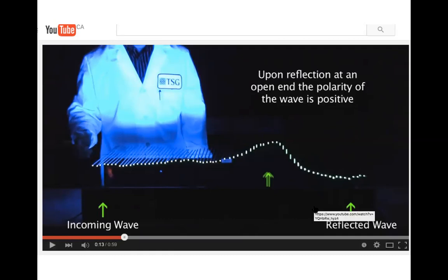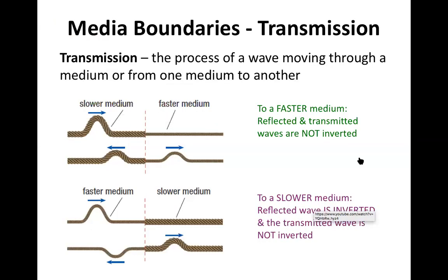So sometimes we say this is an open end or a faster medium. And sometimes we say this is a closed end or a fixed end going into a slower medium.